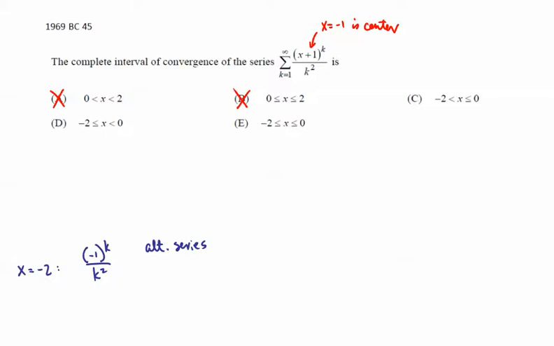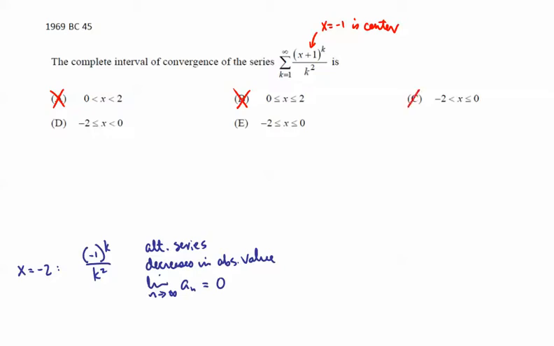It decreases in absolute value, and the limit as n approaches infinity of the nth term is most certainly 0, and so that converges. So the left endpoint has to converge.